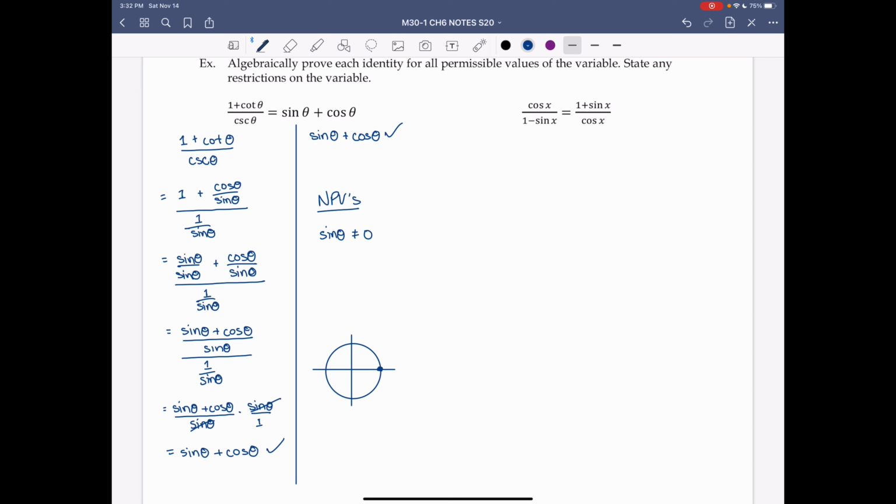So when theta equals 0, and when theta equals pi, therefore theta cannot equal 0 plus pi n, where n is an element of the integers.